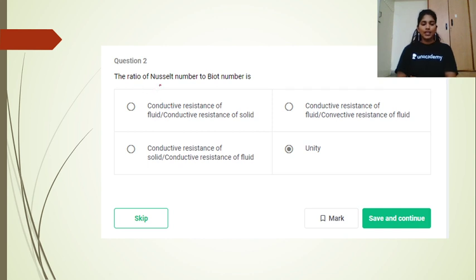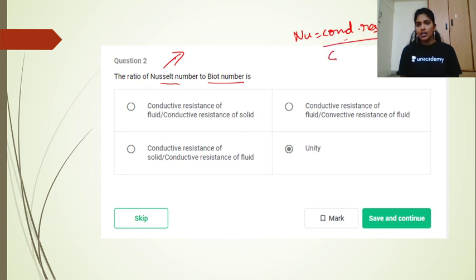So in this question, we have the ratio of Nusselt number to Biot number. Okay, so first of all, what is Nusselt number? It is the ratio of conductive resistance of the fluid to the convective resistance of the fluid, right? So basically, Nusselt number is equal to conductive resistance of fluid to the convective resistance of fluid.